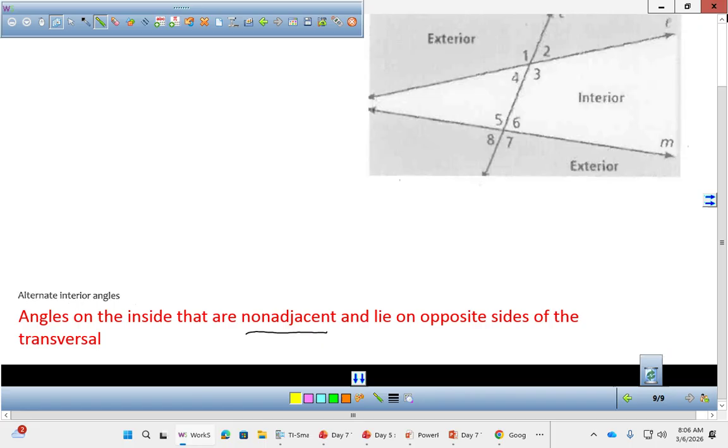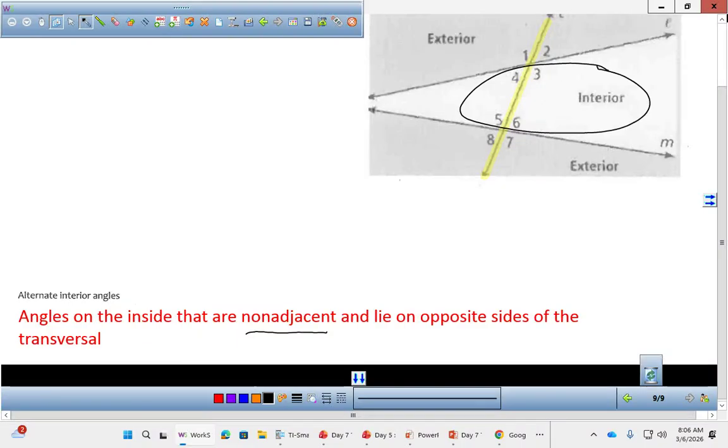All right, so if this is my transversal, these are my interiors. We talked about inside. And these are my left. And these are my right. I want to take one left angle and I want to pair it with one right angle, but they can't be next to each other.